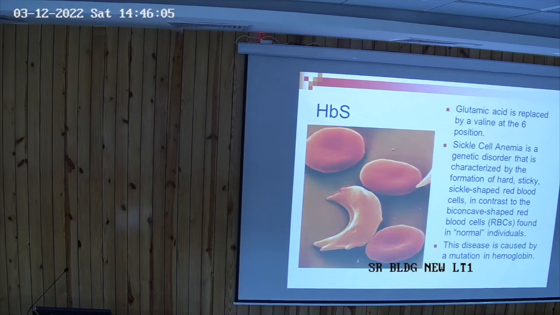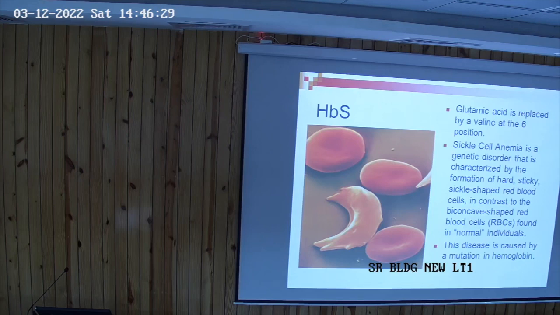Okay, when it becomes sickle shaped, it loses all the importance of the biconcave nature of the RBC. So their lifespan decreases and hemolysis increases. Clear?